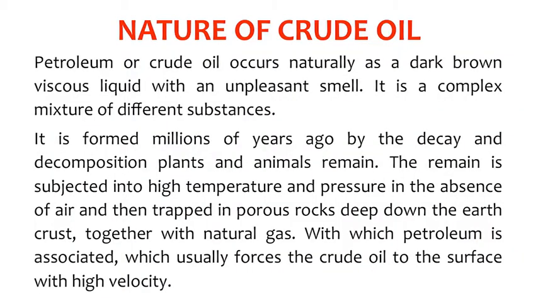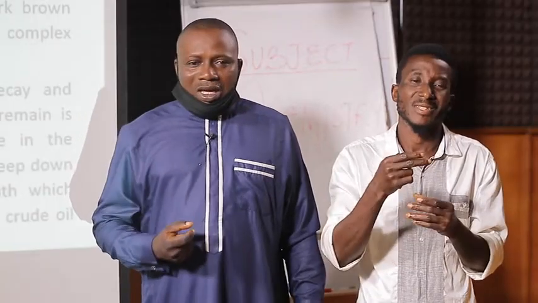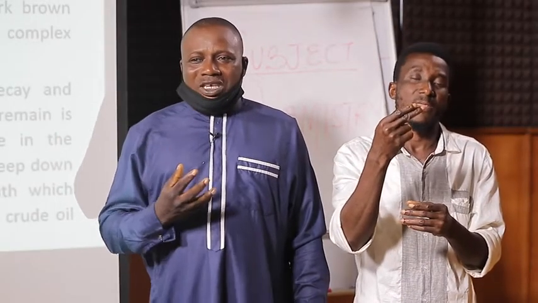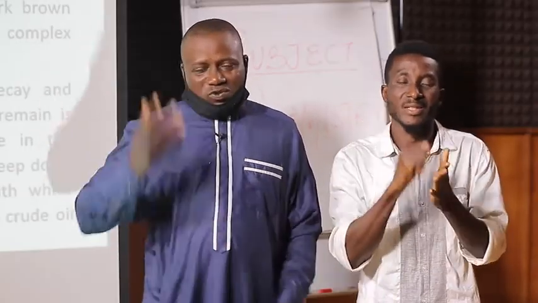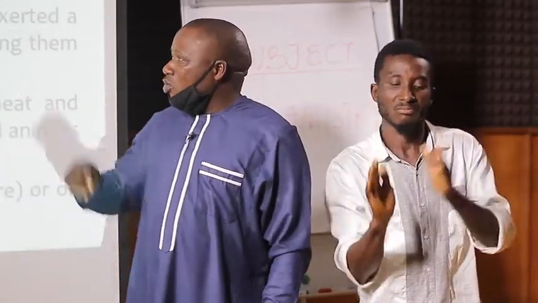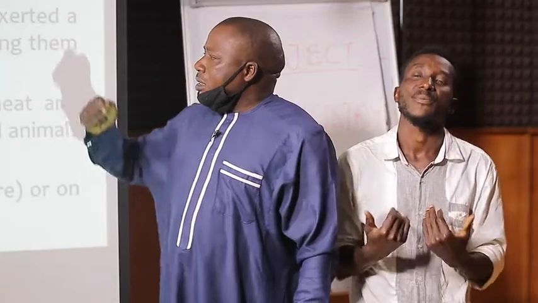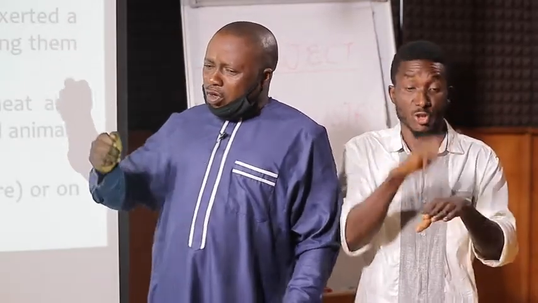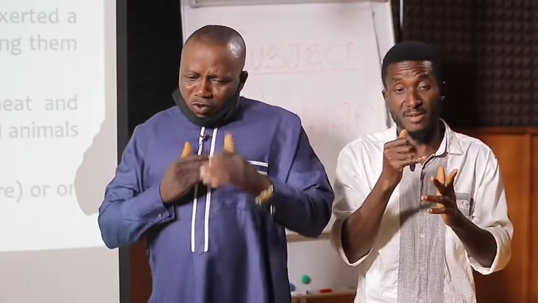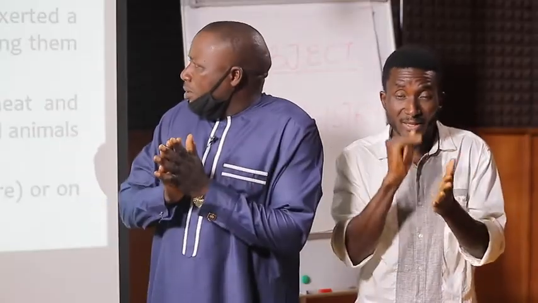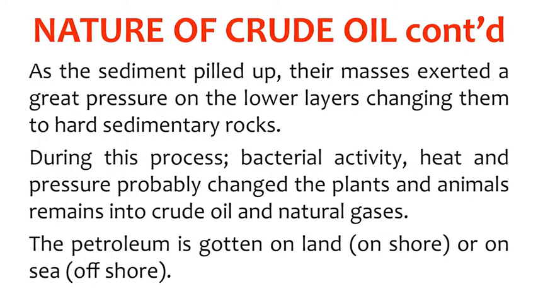This petroleum is usually associated with high viscosity, and it is volatile. What we say is volatile, it escapes through the air. Whenever we are talking about the nature of the petroleum, whenever the petroleum is formed, it is piled up beneath the earth crust and under a very hard sedimentary rock.